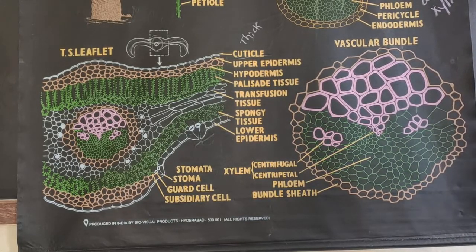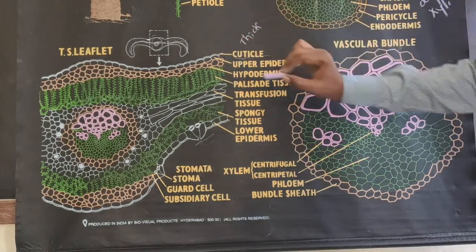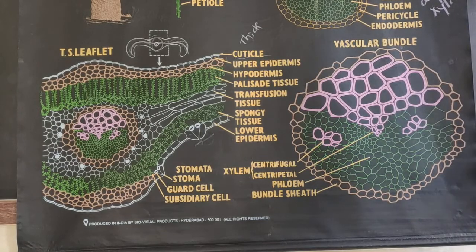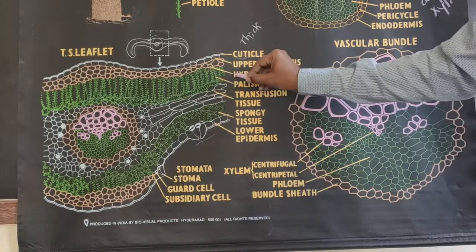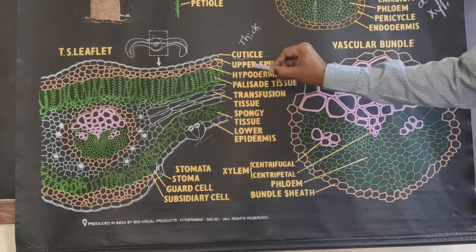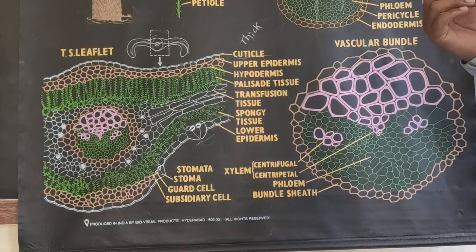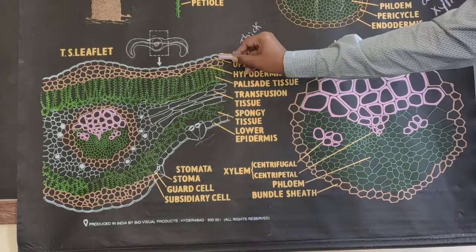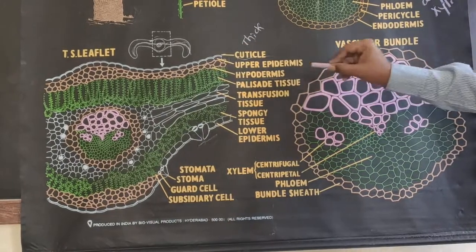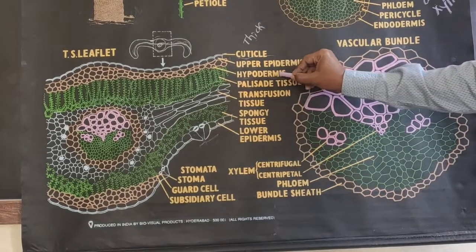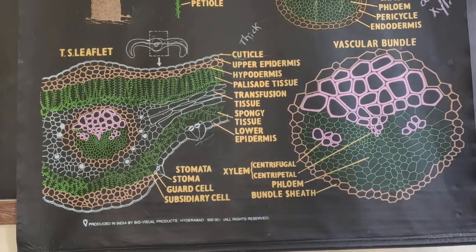Next, after the upper epidermis, you will find 2 to 3 layered compactly arranged cells. They are the hypodermal cells. They are mainly made up of sclerenchyma tissue, and usually they are 2 to 3 layered. So the hypodermis is represented by 2 to 3 layered compactly arranged sclerenchyma cells.